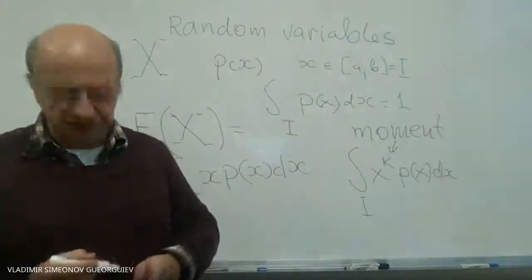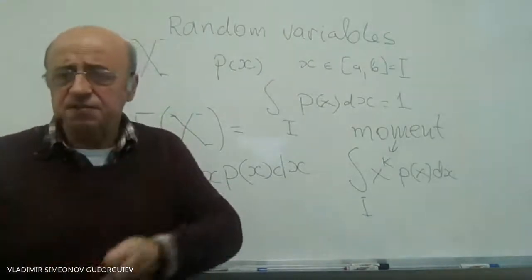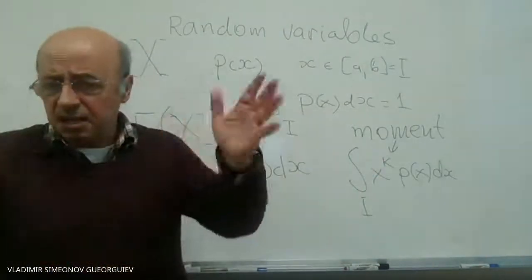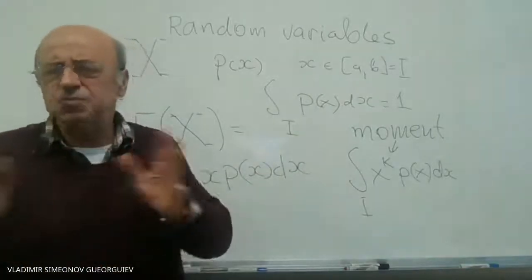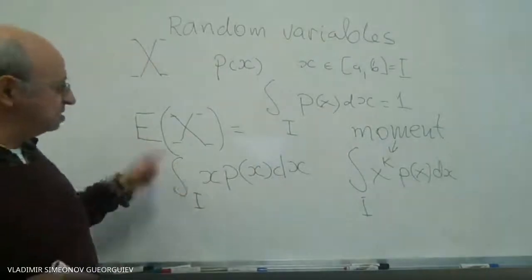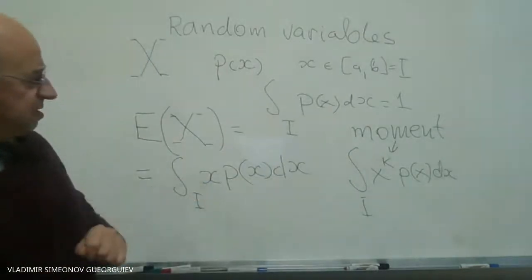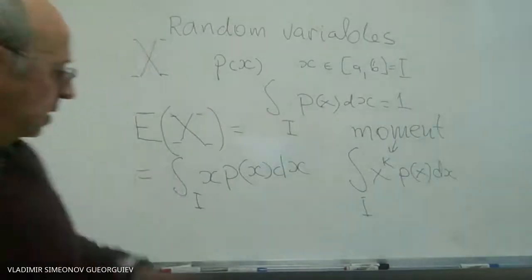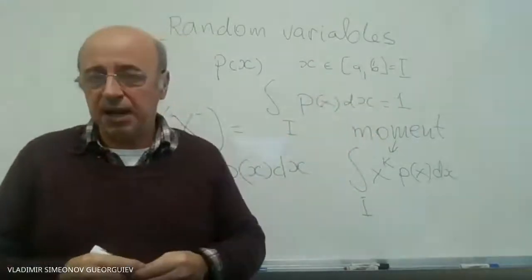These moments are very important, especially in mathematical physics, in engineering, and in other branches of science. That's why from time to time I'm speaking about moments. It is clear that this is the first moment, of order 1, and this is a very important expectation characterizing globally our random variable.